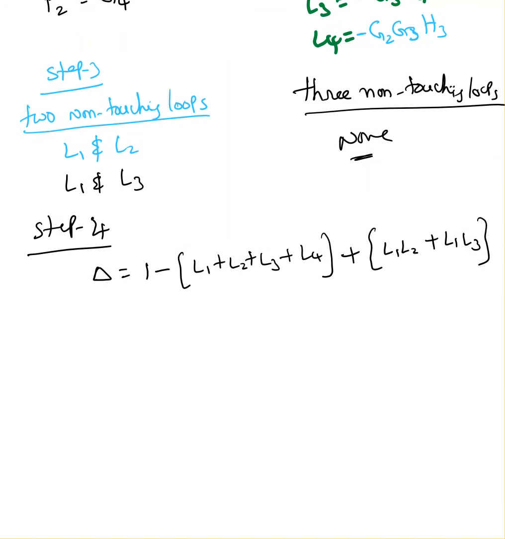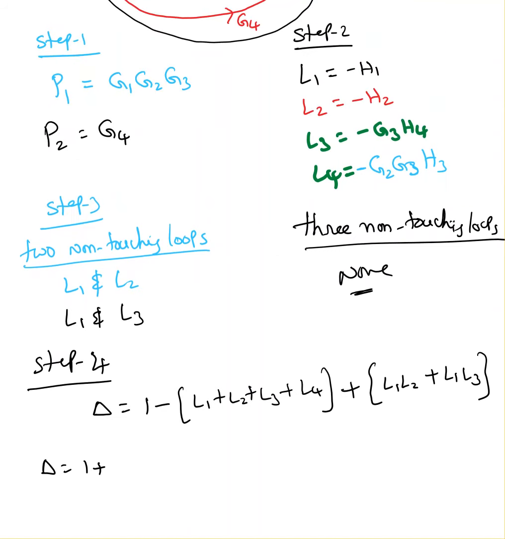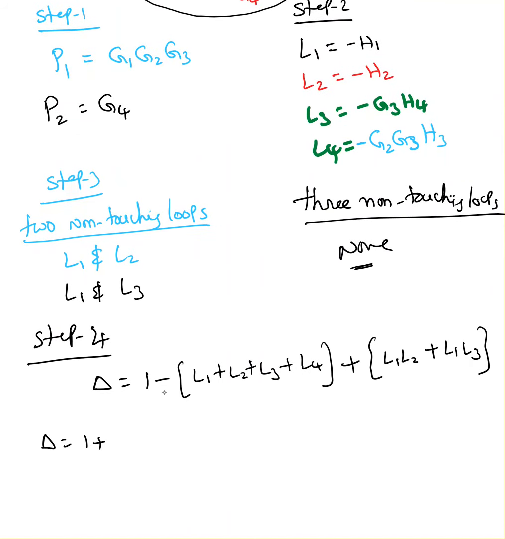So delta equal to, in this case, 1 plus, minus of, everything has a minus that gets cancelled out.